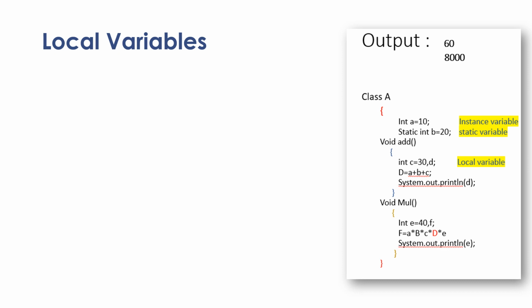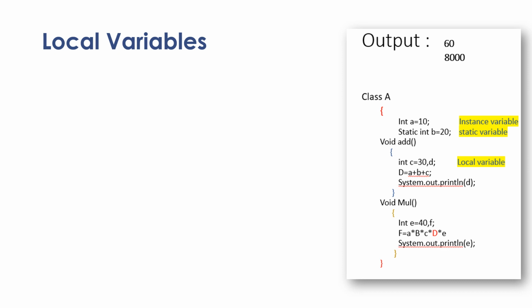In this, a is an instance variable, b is a static variable, and c is a local variable. I will tell you again why it is a local variable. If d is equal to a plus b plus c, now we have the a value, b value, and c value. Now we are taking this a value, the instance value.